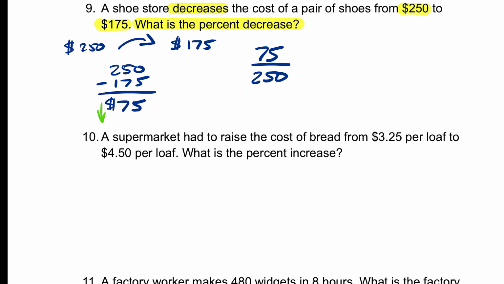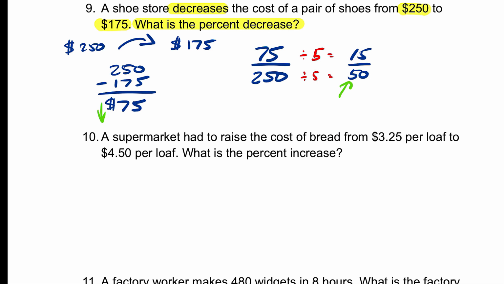And now, again, if I have a calculator, I'm just going to punch that into the calculator, and if not, I'm going to have to reduce this fraction down to simplest terms and then do some division. Okay, so 75 divided by 5 is going to be 15. And if I look at 250 divided by 5, we have 50. So I'm down to 15 over 50. Now, this is sort of a good number to end up at here, because remember, percentage is out of 100.